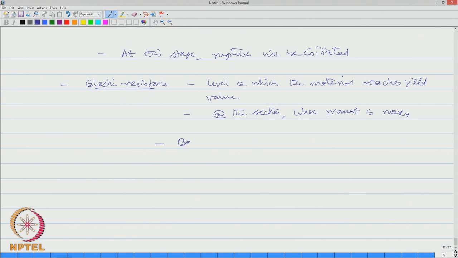Beyond the first yield, plastic regions are initiated and the member undergoes a permanent deformation.